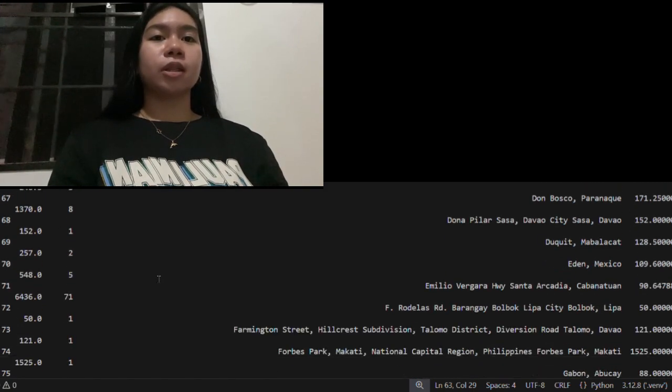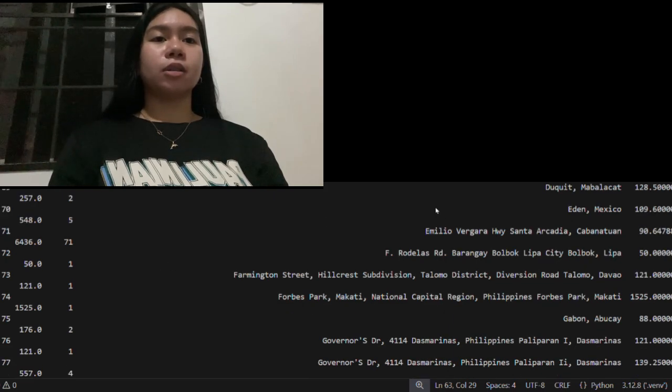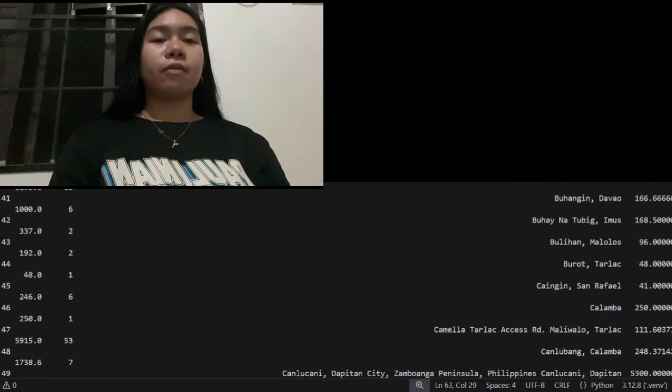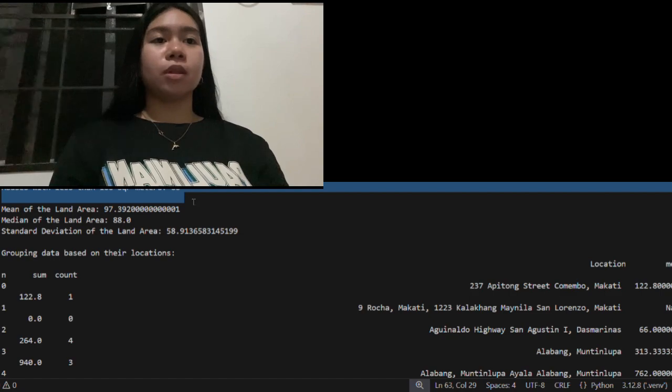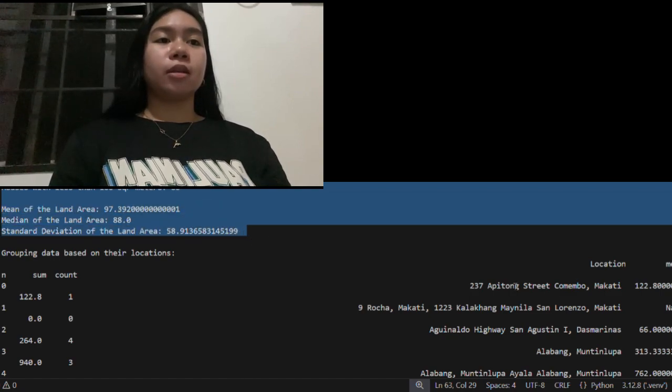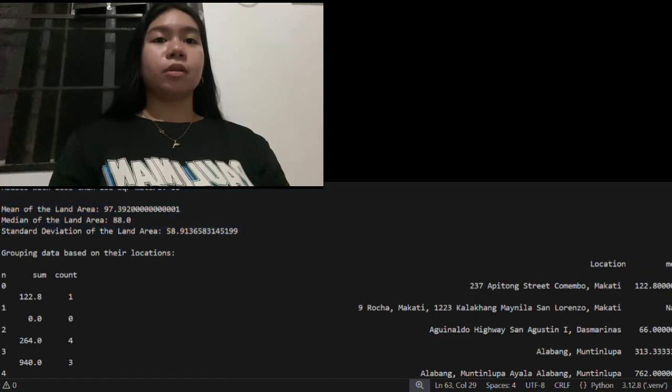Second, we computed descriptive statistics for the land area using NumPy. The average land area came out to 97.39 square meters and the median land area was 88 square meters.